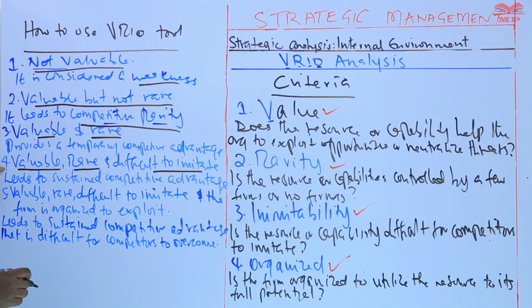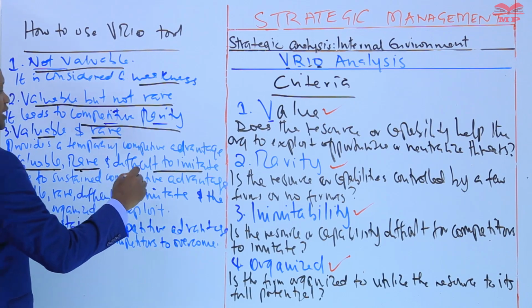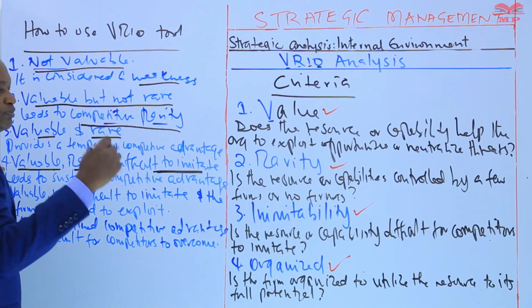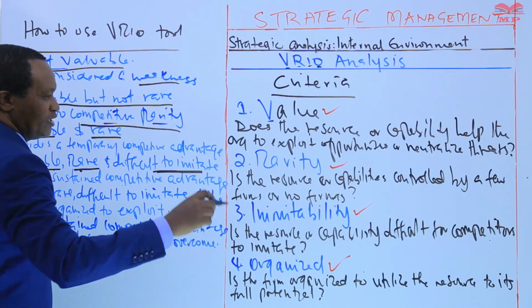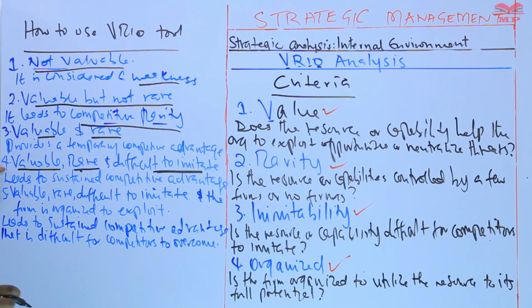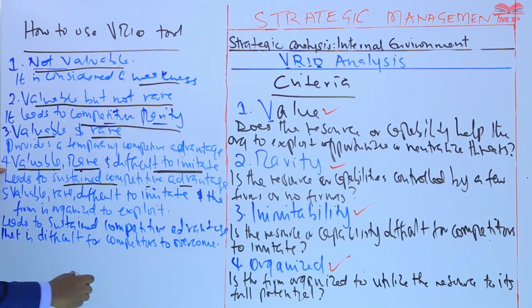Number 4, a resource or capability can be valuable, rare, and difficult to imitate, but it may not be organized in such a way as to utilize the resource to its full potential. So that one only leads to sustained competitive advantage, providing the firm with a long-term edge over rivals.